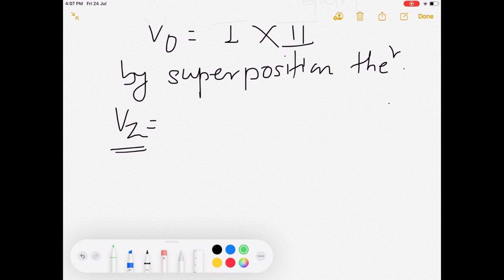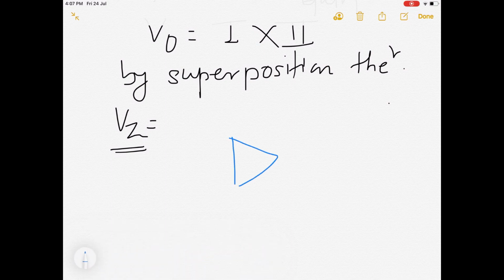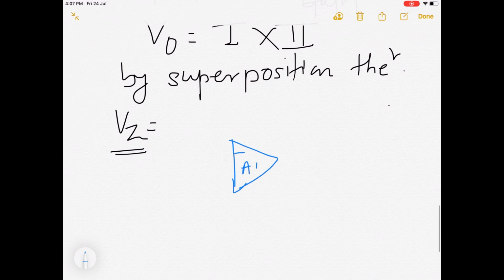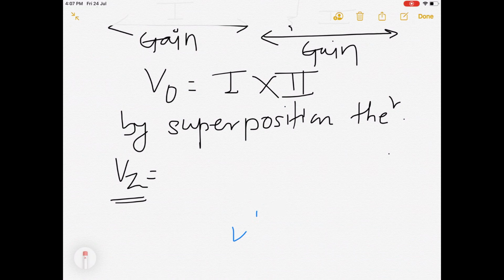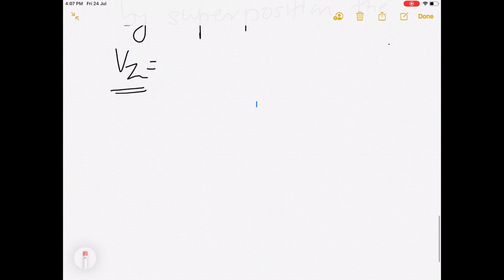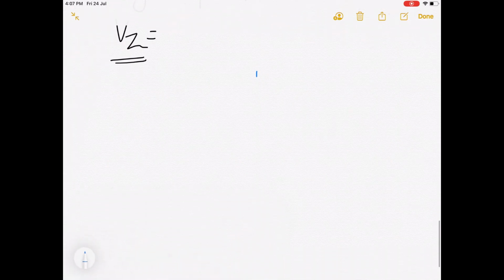So, here the diagram is, suppose this is the first op amp diagram. So, A1, here we are applying plus. Here we will draw the diagram of the first stage op amp A1, this is plus, this is minus. Okay.